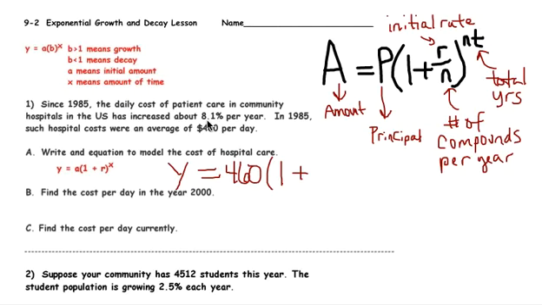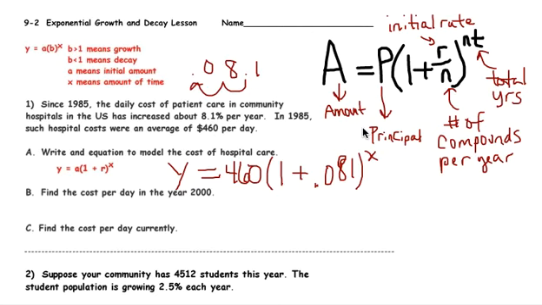Remember, when you go from percent back to just decimal form, you take this decimal and you move it back 2 places to the left. So if we take 8.1 and we move it back 2 places, we end up with 0.081. Close your parentheses. And then to the x power, you're going to put x there.